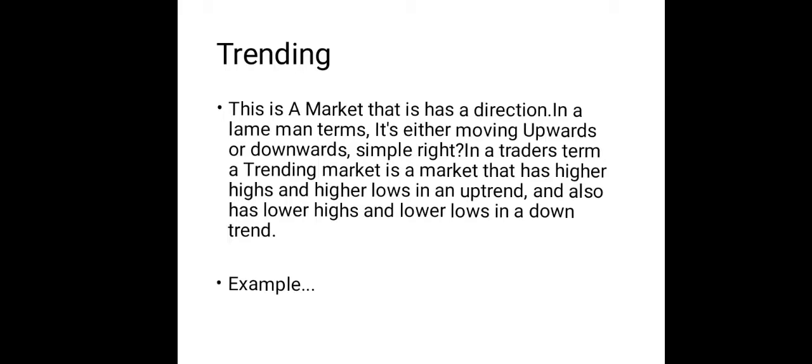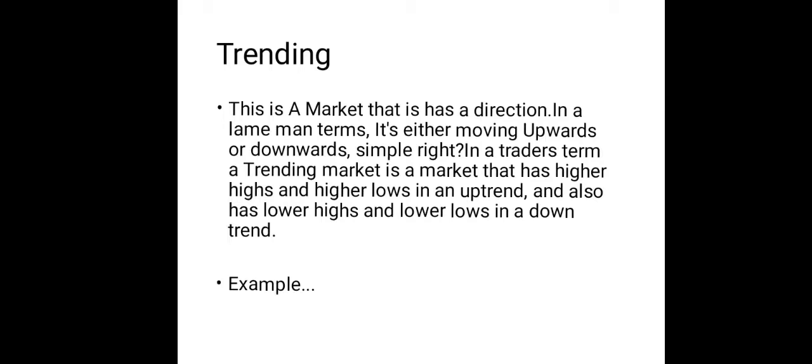Trending. Now, the definition most traders out there give of a trending market is that it's a market that has a direction. You really have to be specific about your definitions as a trader, because that's what's really important.